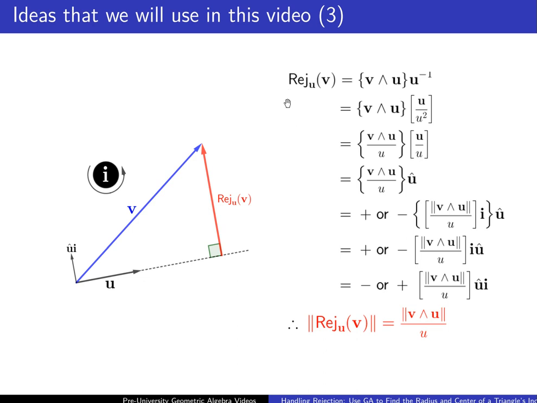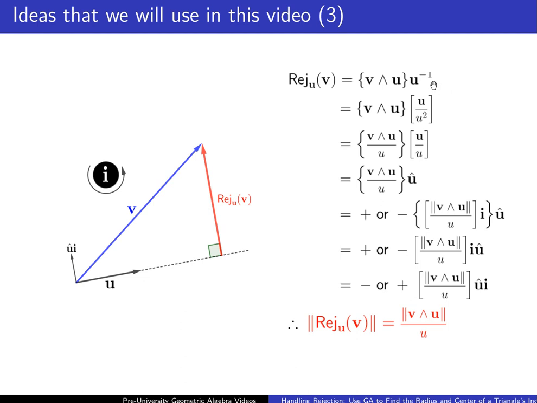Formally, and Hestenes and other sources go into this and do a nice job explaining it, the rejection of v with respect to u is v wedge u, or outer product of v with u, times the multiplicative inverse of u. Now we can do some things here to get a different idea at least of what's going on that may help us out on this problem and on others.